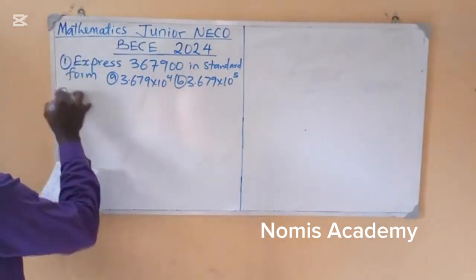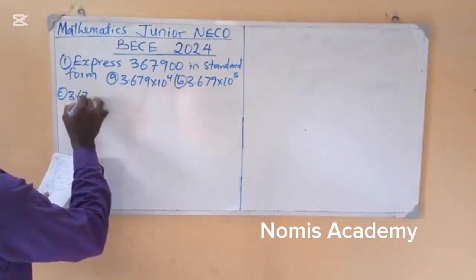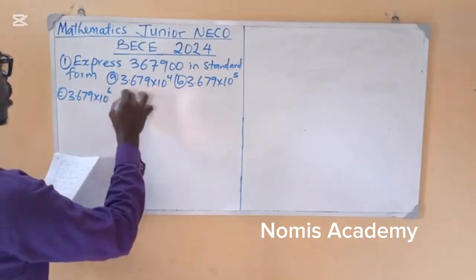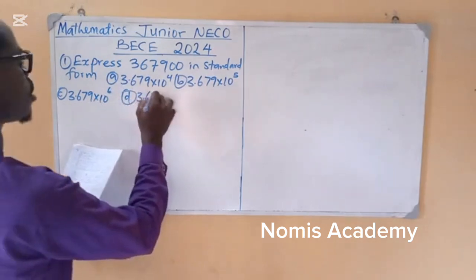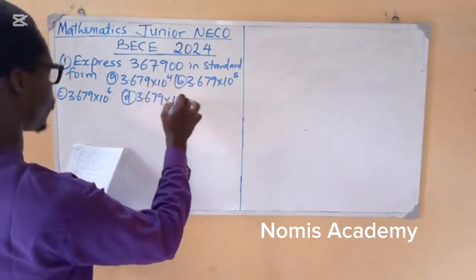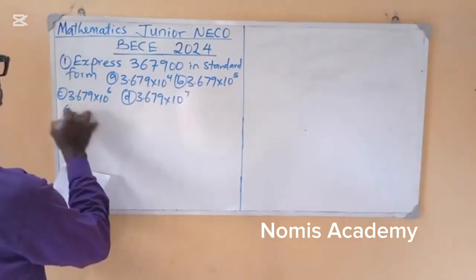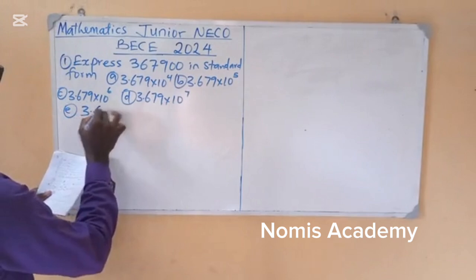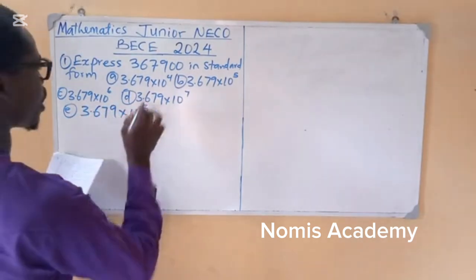C, 3.679 times 10 raised to the power of 6. D, 3.679 times 10 raised to the power of 7, and then E, 3.679 times 10 raised to the power of 8.